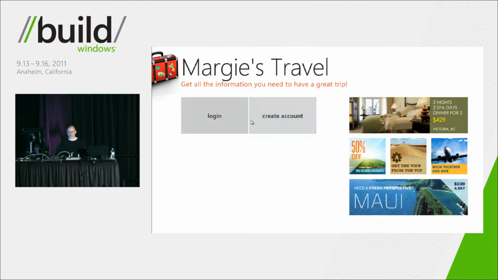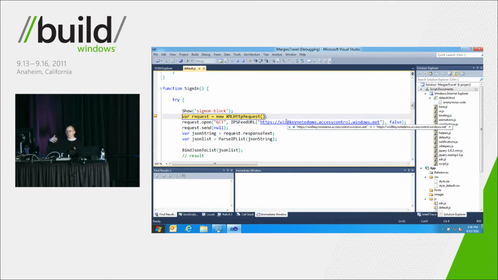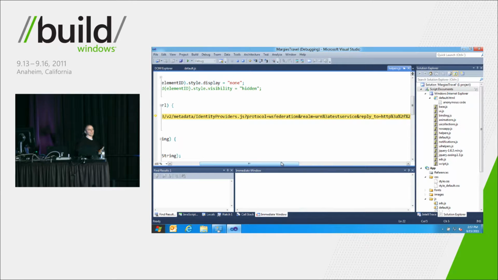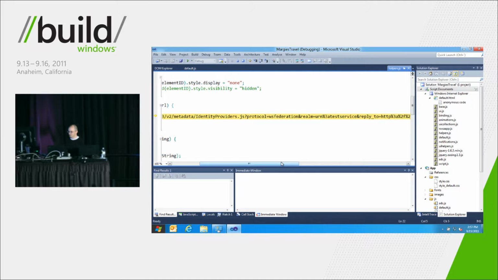I can go ahead and sign out, and then when I go to log in, we'll go to the sign-in page. And here you can see that we're calling out to the access control service and sending an HTTP request. If I step into here, you'll see that we attach some additional parameters on the query string, where essentially we're saying, give us all the identity providers that are used by this service.